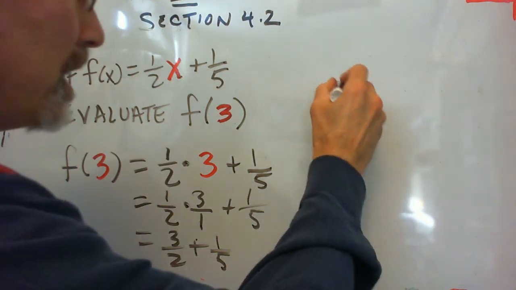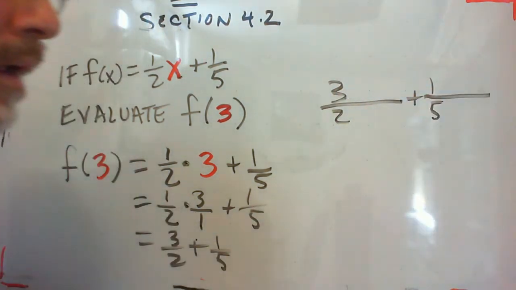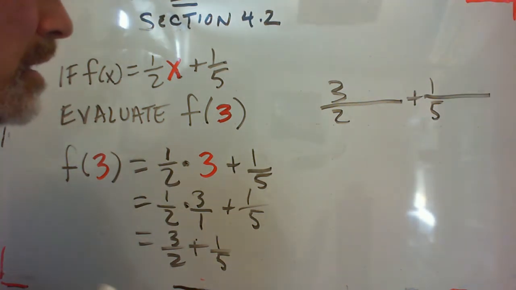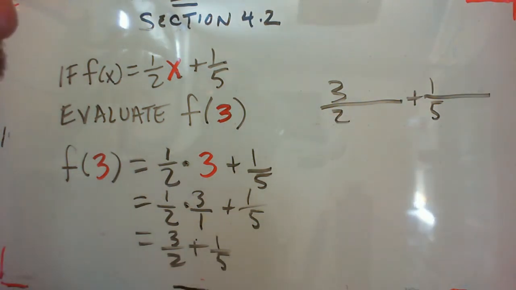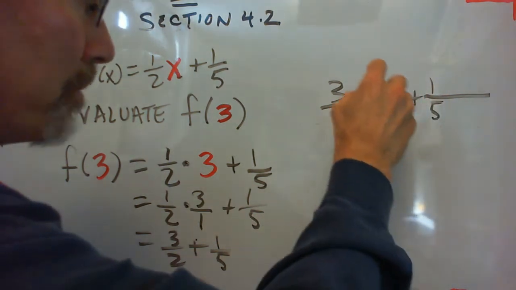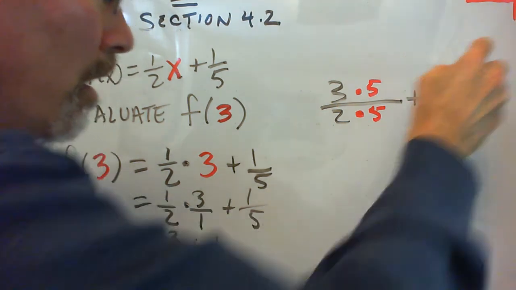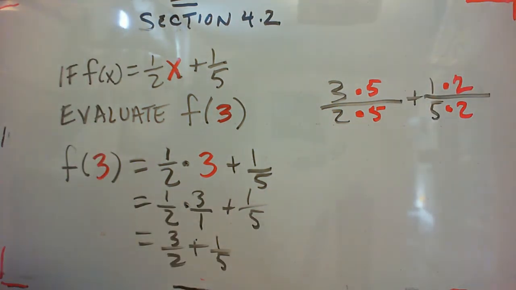And we need common denominators of 10. Remember, if the denominators don't share any common factors, the product of the denominators is the least common denominator. And that's the case here. Least common denominator is 2 times 5.